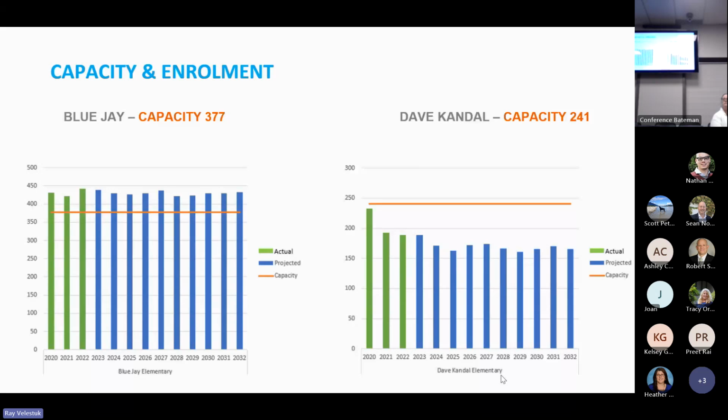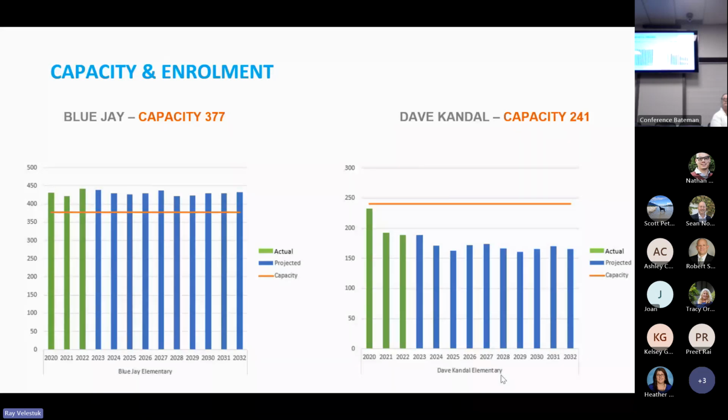600 students in the Blue Jay catchment, and we have 400 of them going to Blue Jay, and there's 200 that in our books we call unaccounted for, but they may just simply be in independent schools. So we see that throughout the entire city, and all the catchments we have that factor. We've seen that factor in this area of the city for sure.